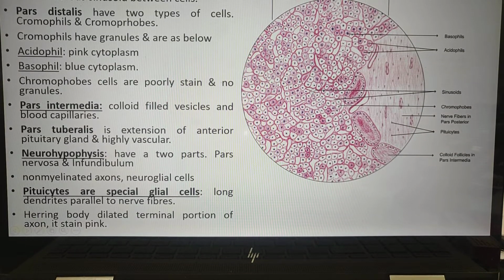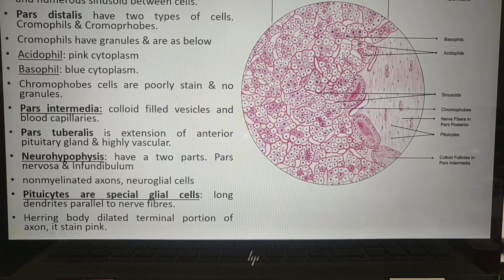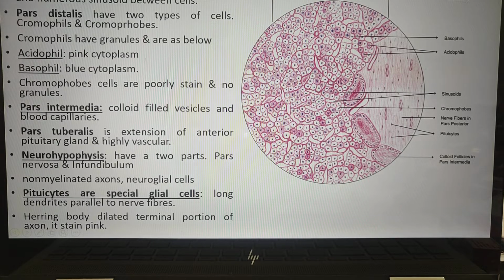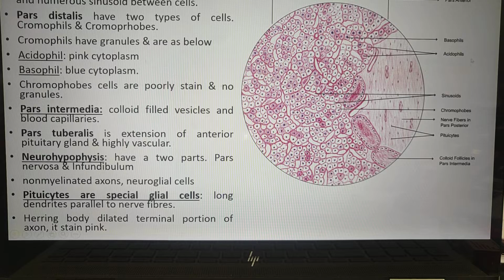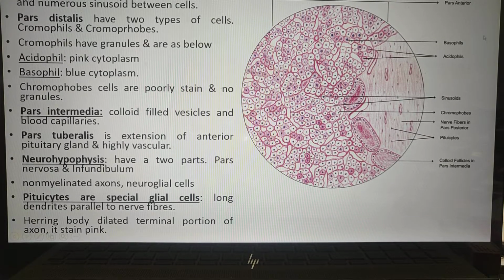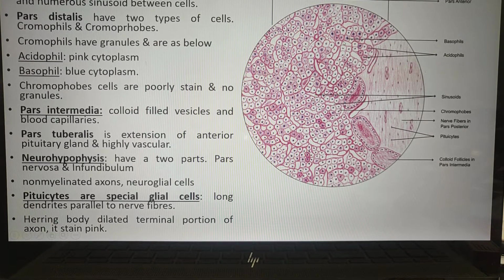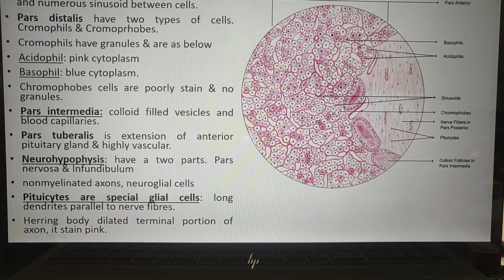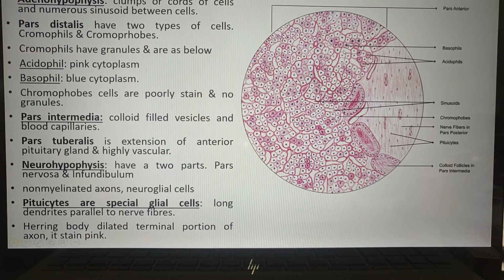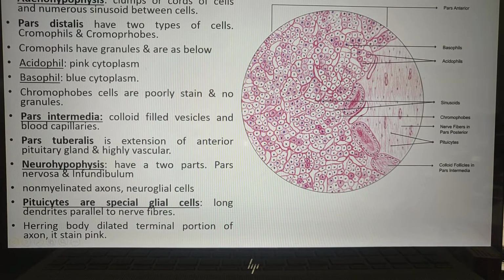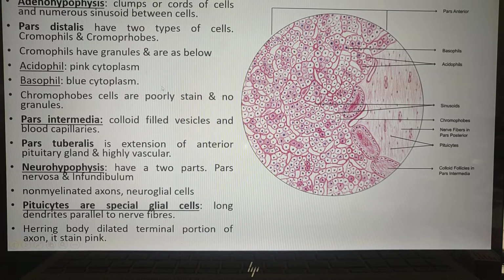Basically, in between the cells, there is the presence of sinusoids. These are the sinusoids, and there are chromophils. They contain two types of cells: basophils and acidophils. Basophils have blue cytoplasm, while acidophils have pink cytoplasm.